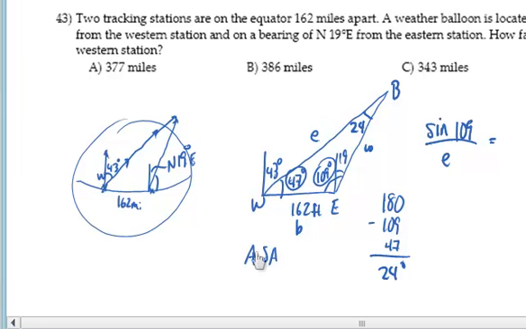Now we can do the law of sines. The sine of 109 over E is equal to the sine of 24 degrees over 162. Cross multiply.